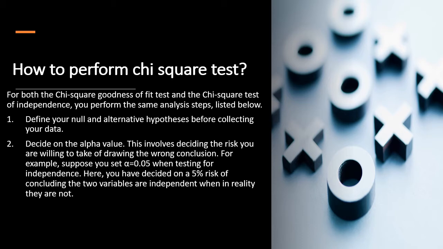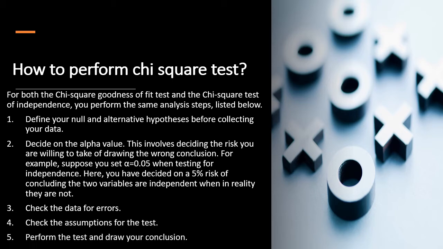For example, if I set my alpha value at 0.05 when testing for independence, that means we have decided that there is a 5% risk of failing my assumption. Now we will check the data for errors and then we will check assumptions for the test. And then we'll perform the test and draw our conclusion.